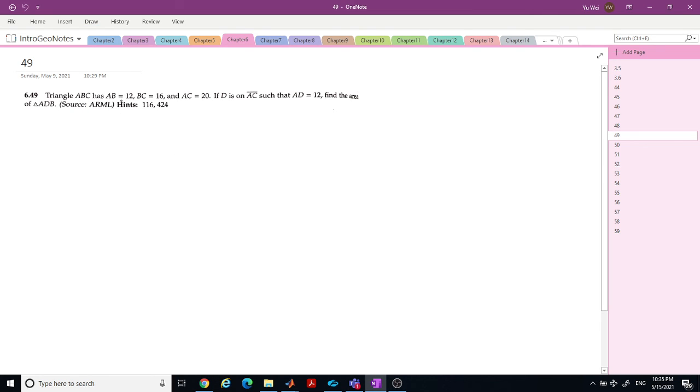Next. Triangle ABC has AB equals 12 and BC equals 16. Let's take out some common factors to make it clear. AB is 3 times 4, BC is 4 times 4, and AC is 5 times 4.